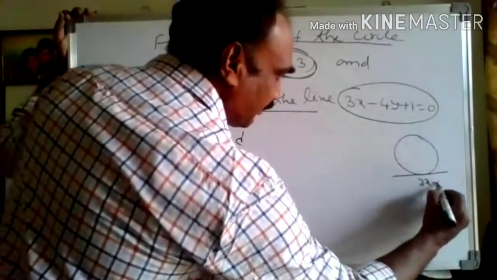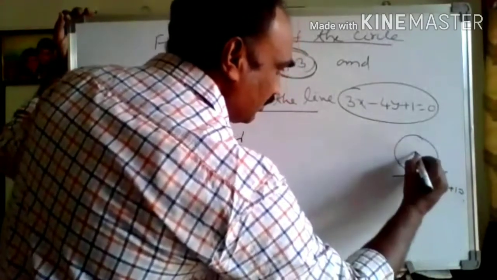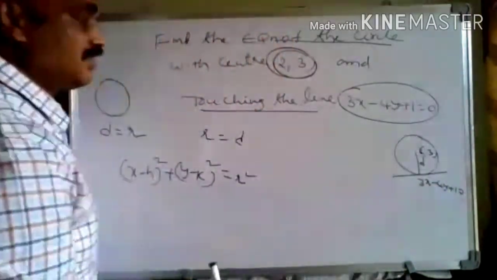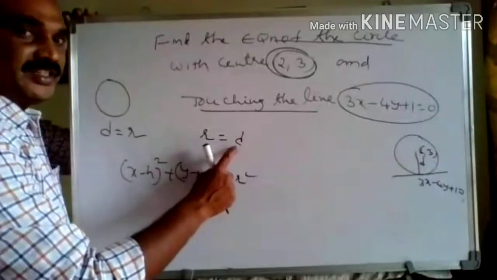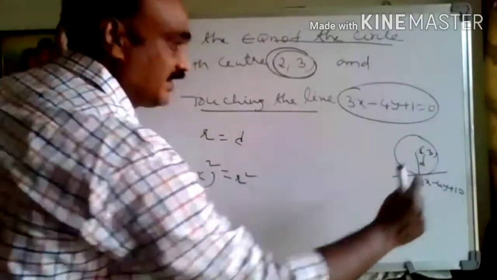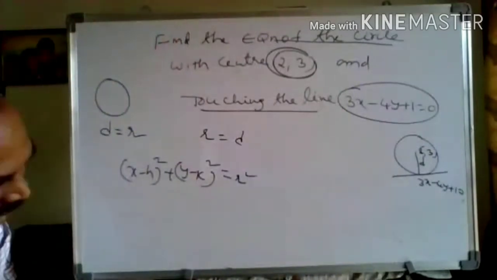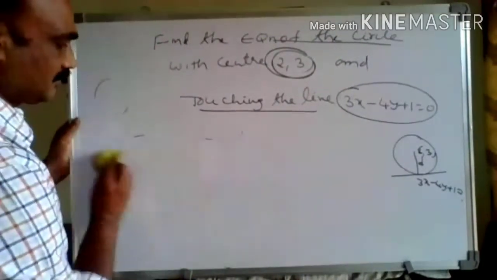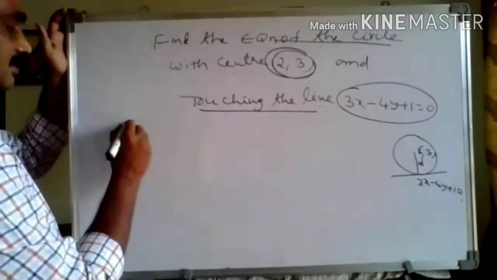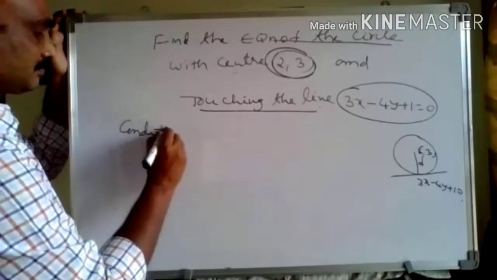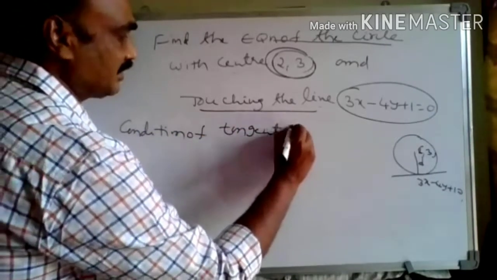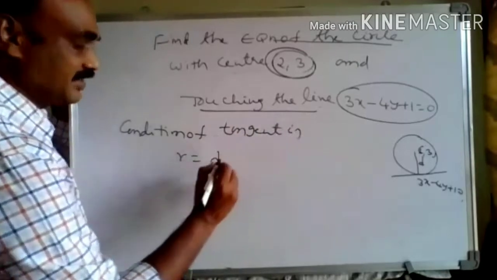So this line is 3x minus 4y plus 1 is equal to 0, center is 2 comma 3. This distance is d. So touching the line, condition of tangent is r is equal to d.